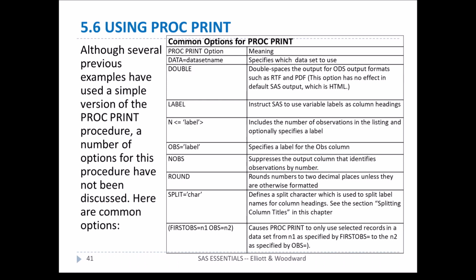And then we're going to see an example in a minute where we can define how to split the label that appears as a column name using a special split character. And finally, we're going to look at how you can limit the number of observations used by defining which is the first observation used and the number of observations you're going to use.